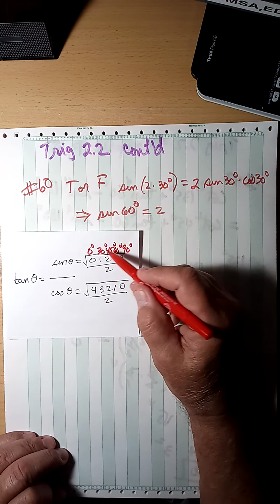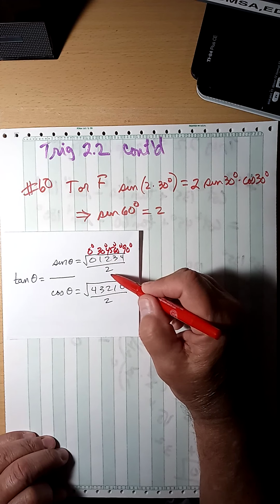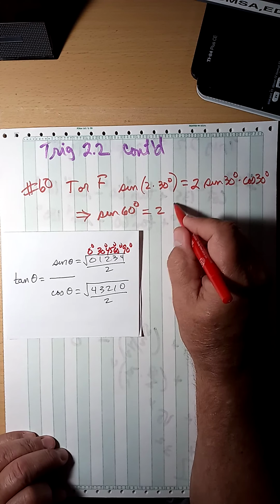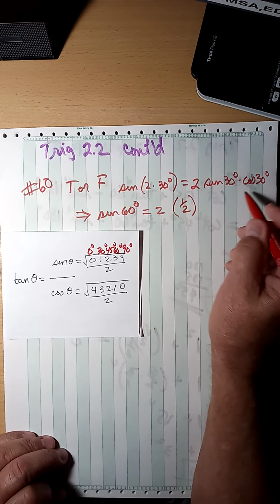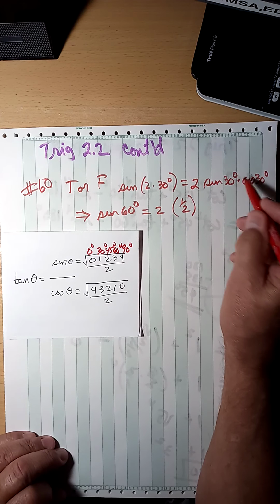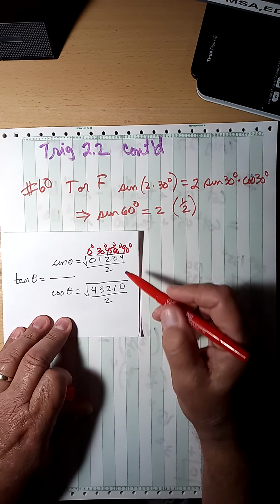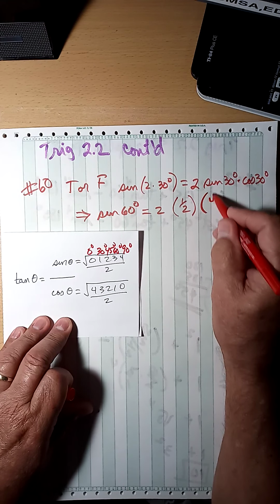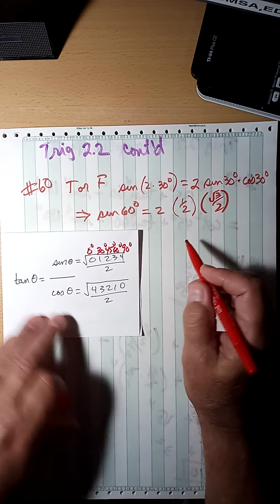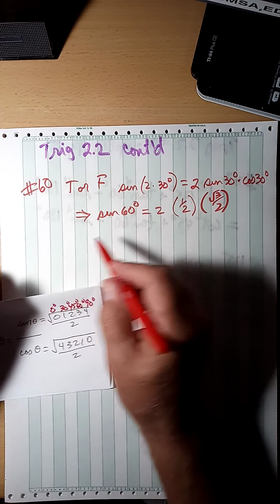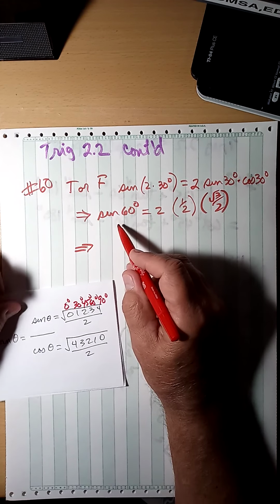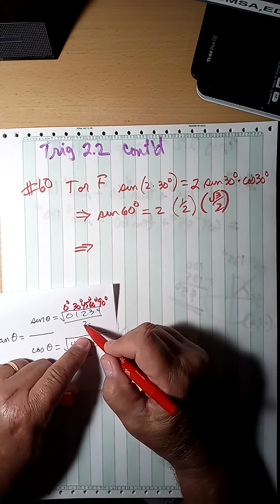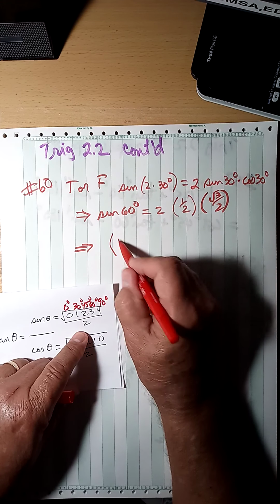The sine of 30 degrees is 1/2, square root of 1 over 2. The cosine, this is just multiplication, the cosine of 30 degrees is square root of 3 over 2. And let's now, I guess, the sine of 60 degrees is also square root of 3 over 2.